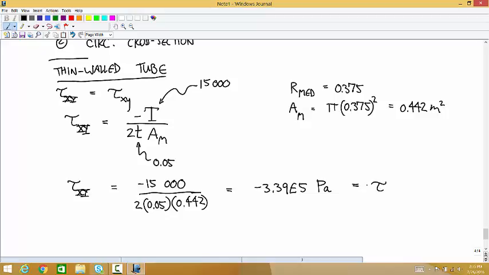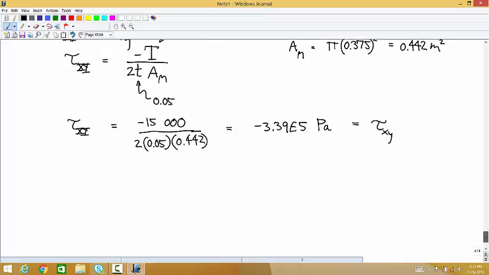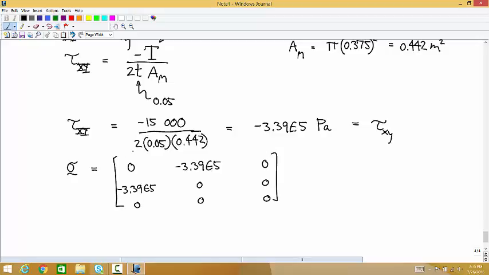And that's also equal to the XY shear stress in our lowercase coordinate system, our real coordinate system. So that stress tensor is equal to 0, negative 3.39 times 10 to the 5th, 0; negative 3.39 times 10 to the 5th, zeros. And that's true for both the points A and B because of the thin-walled assumption.